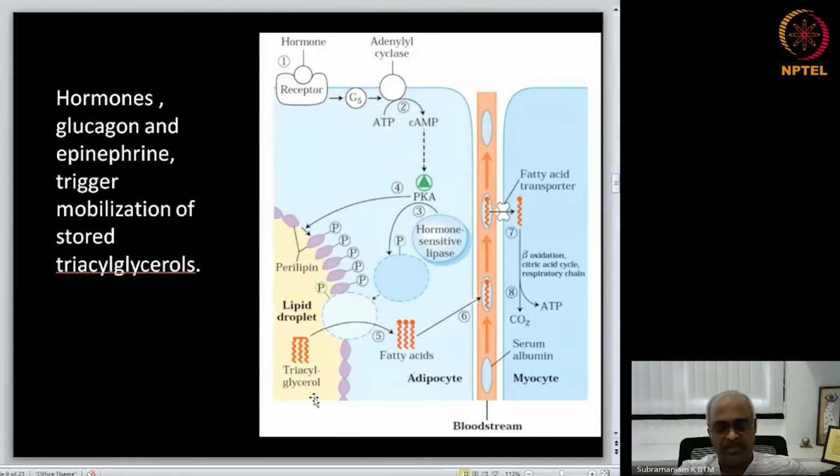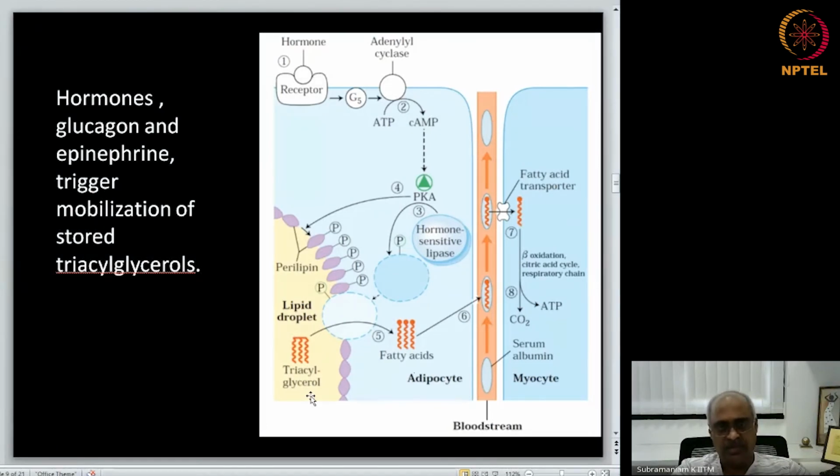This is how the lipid is stored in adipose tissues. So essentially it is triacylglycerol with one layer of phospholipid. Therefore, the surface is hydrophilic. And in addition to that, it has this protein perilipin, a very important protein, which is present on the surface of the lipid droplets. So this is how the lipid is stored in adipose tissue, adipocytes.